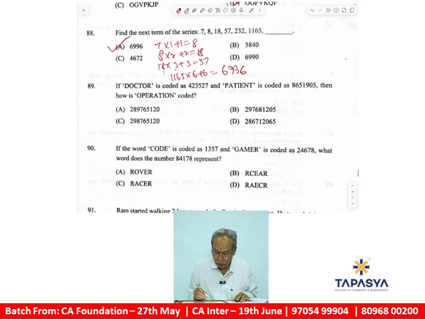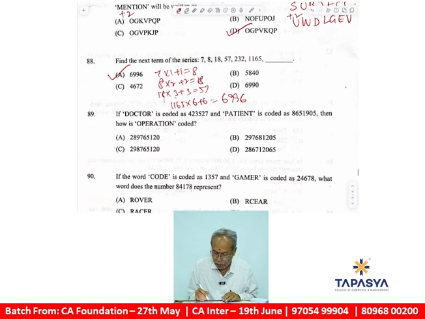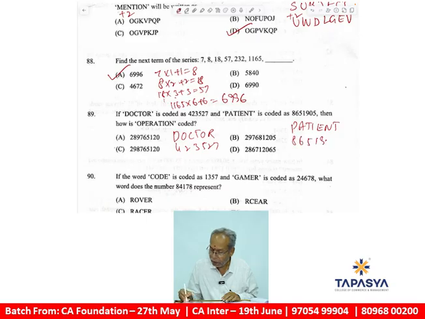Again, doctor. Doctor is coded as 423. We can take doctor as DOC, TOR, 423527, and the patient PATIENT is coded as 8651905. This is a direct letter coding because nothing is common here.